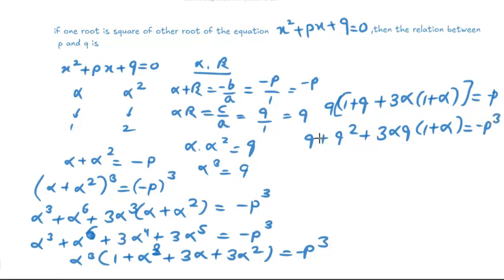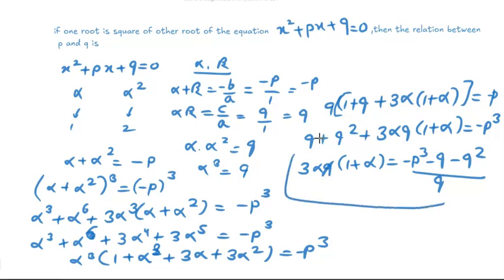So if we want the relation between p and q, we can write it as 3pq on one side, and everything else comes over: minus p cube minus q minus q square. In this way, you got the relation between the roots and p and q.